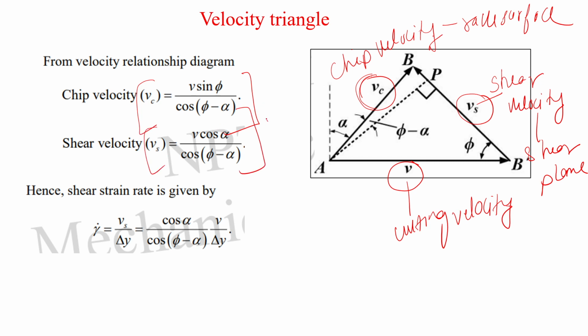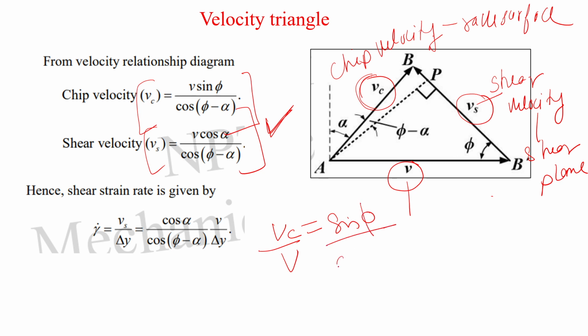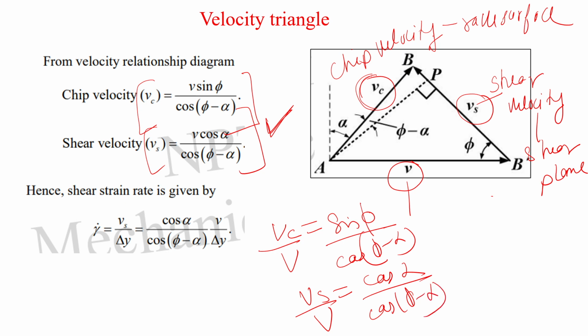This you have to remember. This is very important. These two ratios you need to remember. One is Vc by V, which is equal to sin phi upon cos phi minus alpha, and one is Vs by V, which is equal to cos alpha upon cos phi minus alpha.